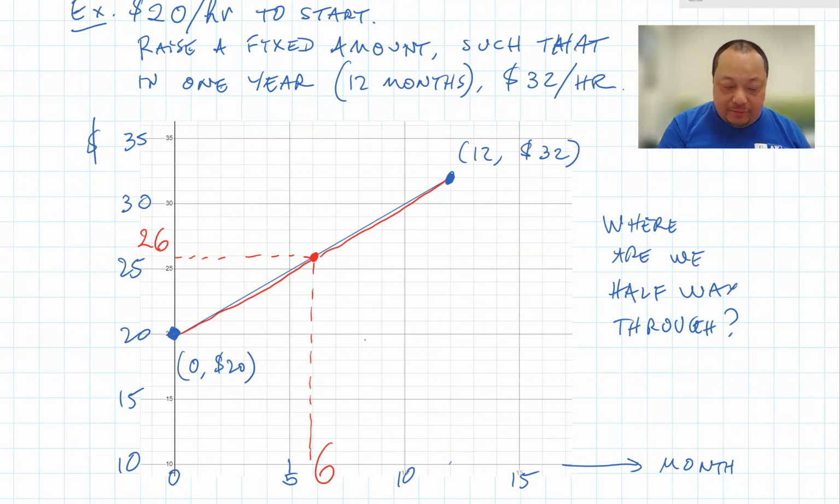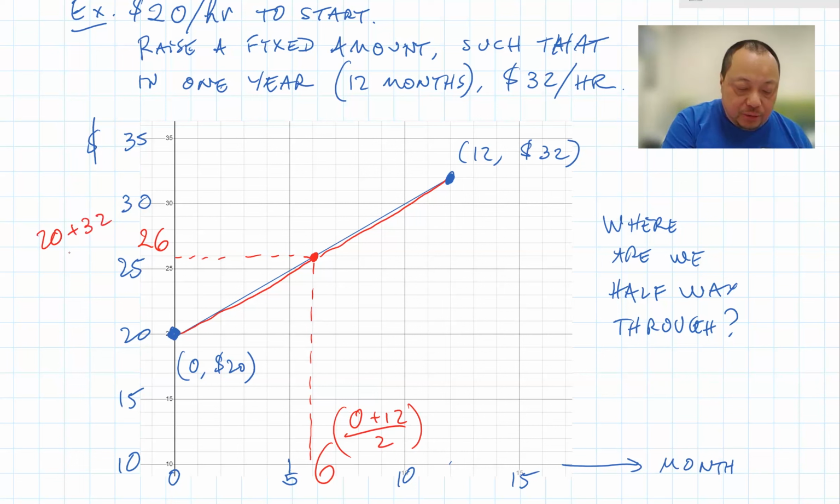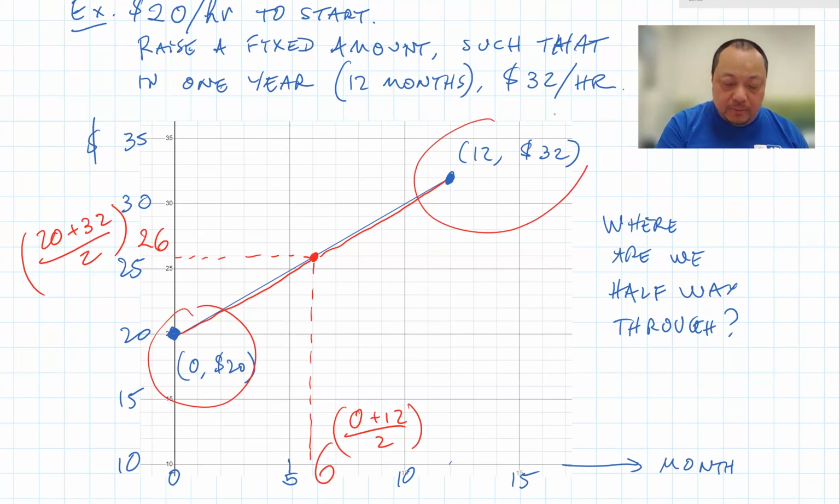And that is the average of the two X and Y coordinates. 6 here is equal to 0 plus 12 divided by 2. And 26 here is 20 plus 32 divided by 2. So the arithmetic mean of these two endpoints is equal to the midpoint of a line.